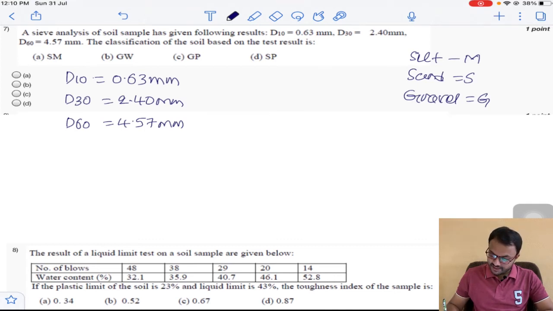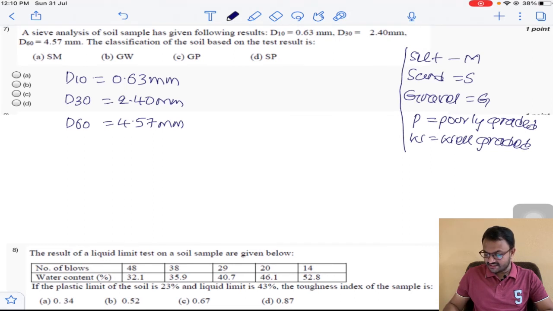P means poorly graded and W means well graded. So based on these letters he has given the options.